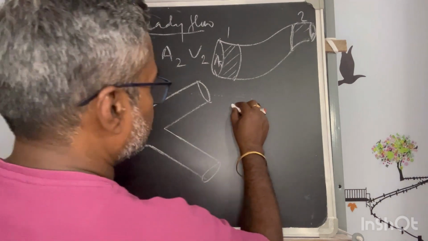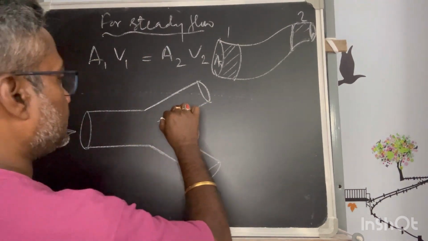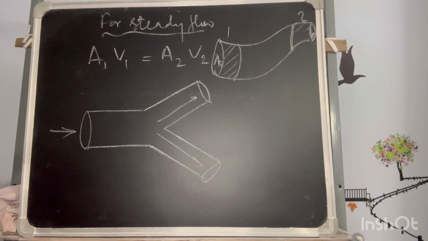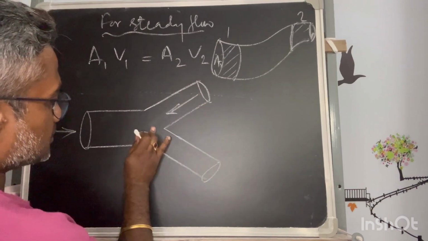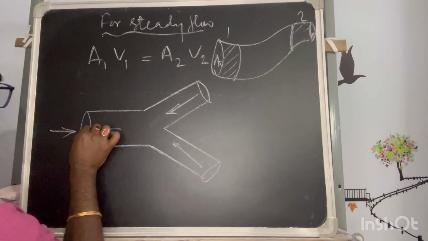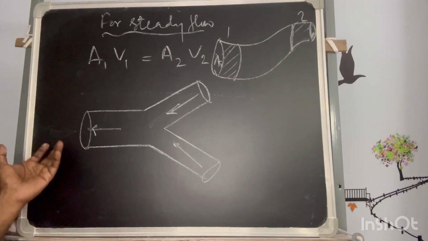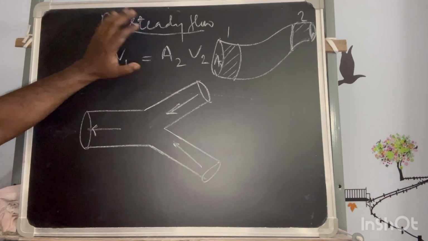Or if I say the reverse, the flow could come from this side and be distributed among these two paths, this could happen. Or the flow path is coming from this side and clubbed and going out this side. In both cases this formula will be applicable.